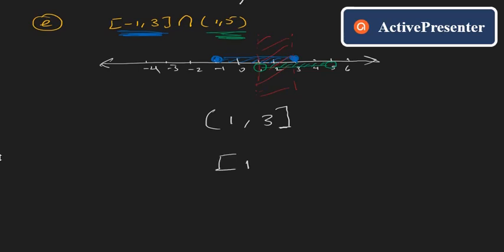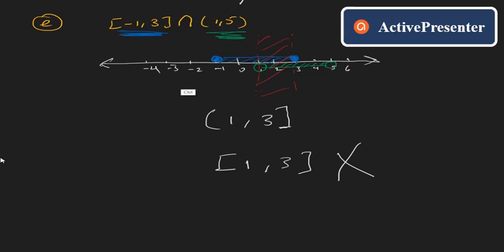If you put 1 closed to 3 closed, this is wrong. Why? Because 1 is closed only here. In this set, it is not closed. They should be closed in both sets or both intervals.